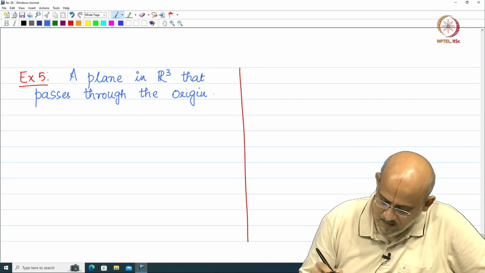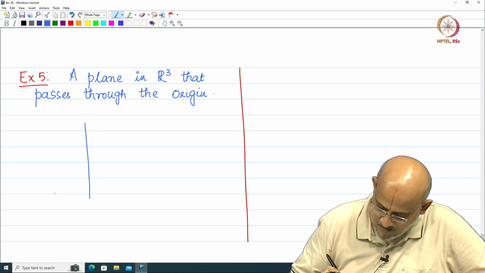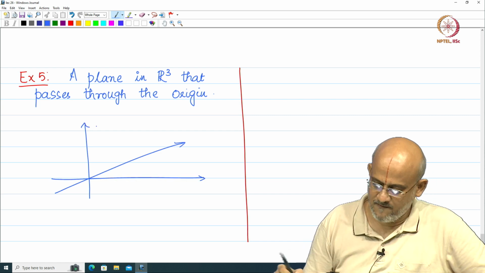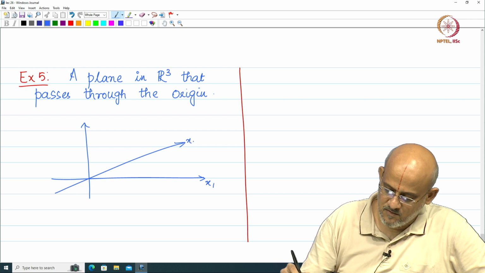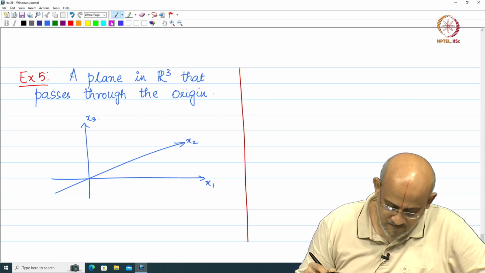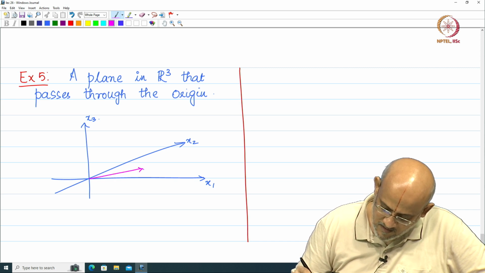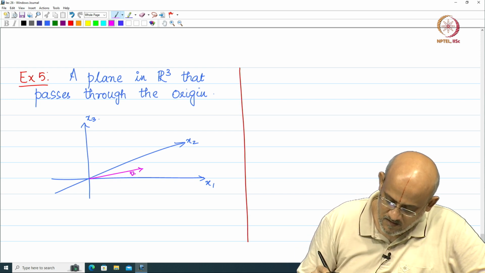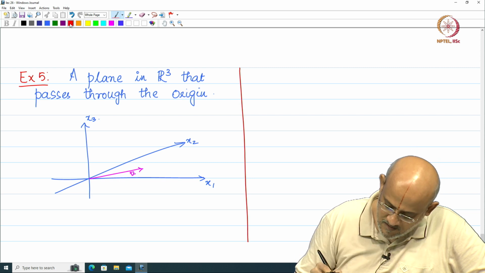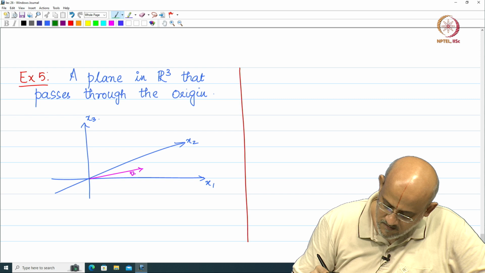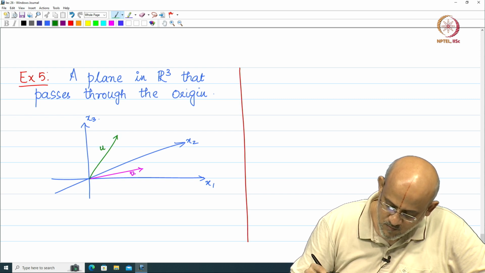So, how is it going to look like? I am going to have something like this. We are going to have this x1, x2, x3 axis. Like I am going to have a vector, let us say this is the vector v, and let us look at another vector, let us say u.